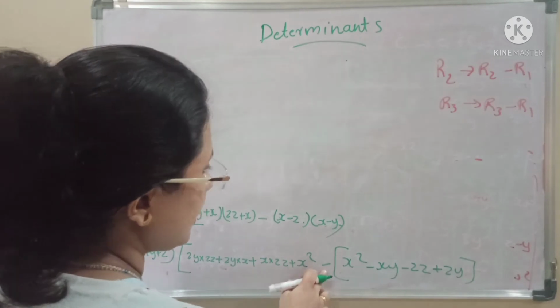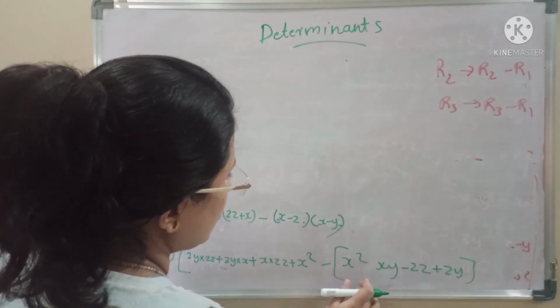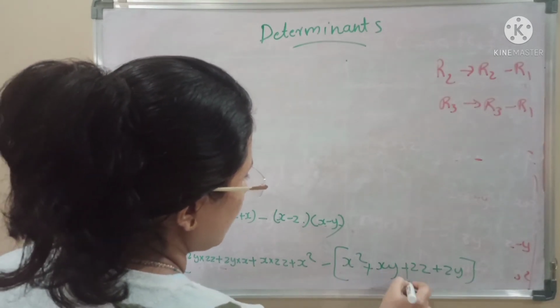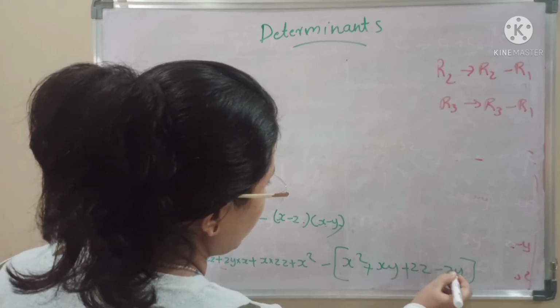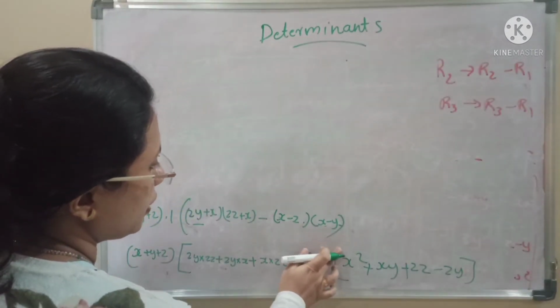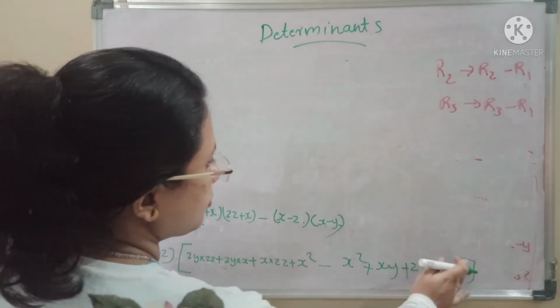Okay, so if we apply this negative inside, this negative is going to be plus, this will be plus, this will be negative. Now we can remove this bracket.